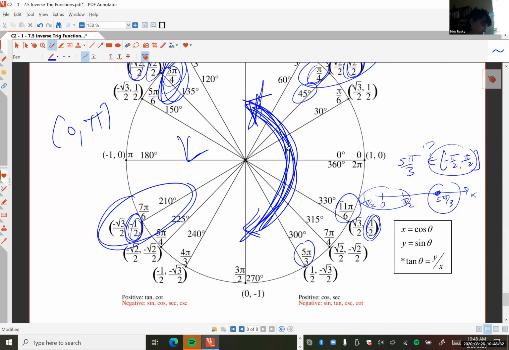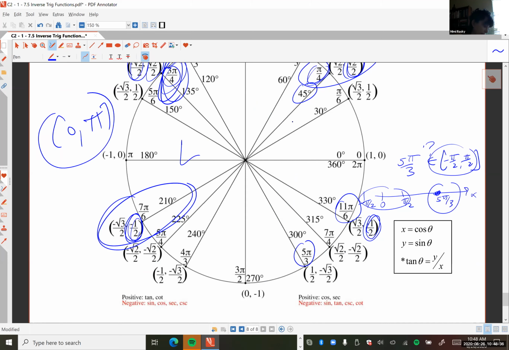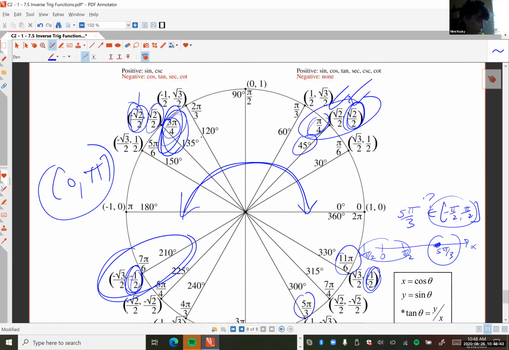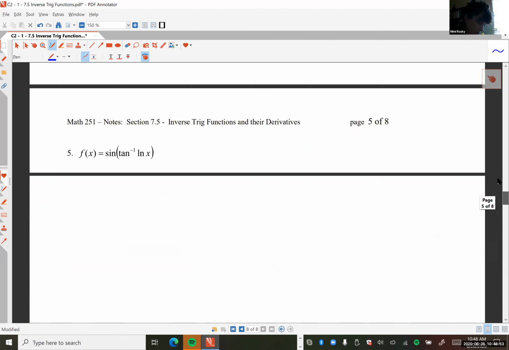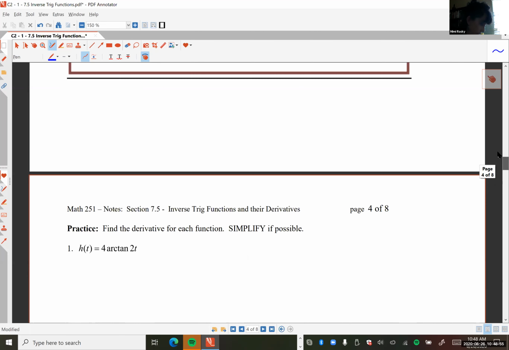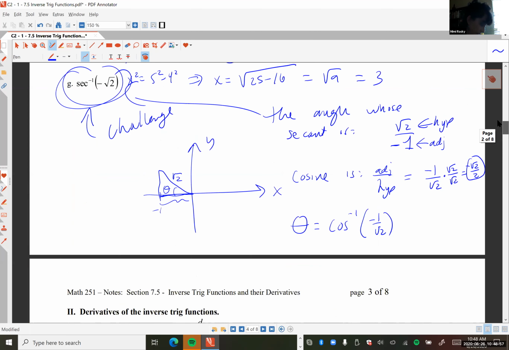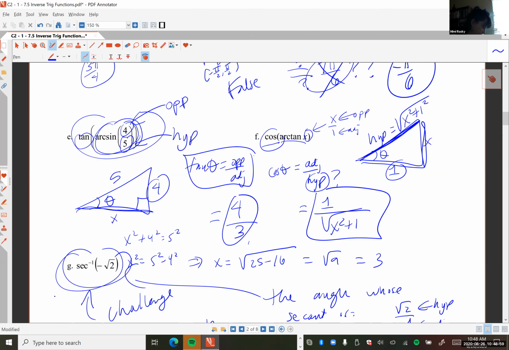But since arc cos has the range between 0 and pi, are there any angles between 0 and pi whose cosine is negative square root of 2 over 2? Do you see any choices here? 3 pi over 4. Very good. Three pi fourths.